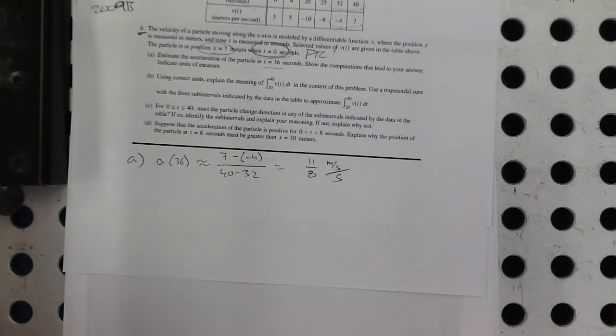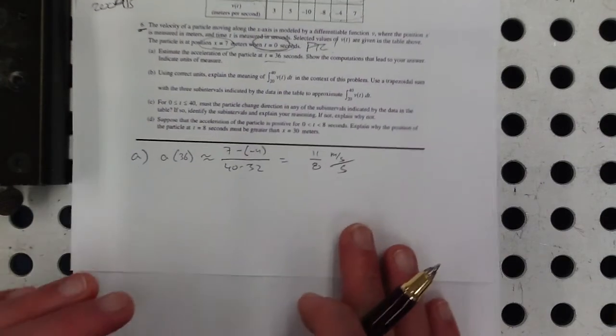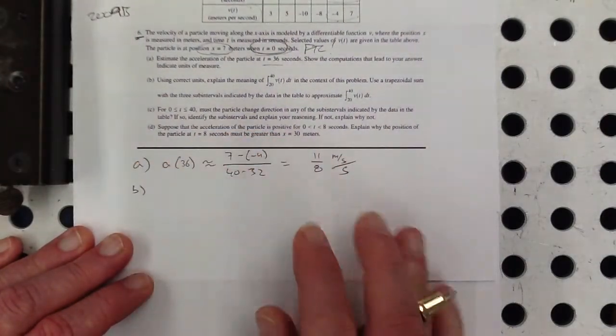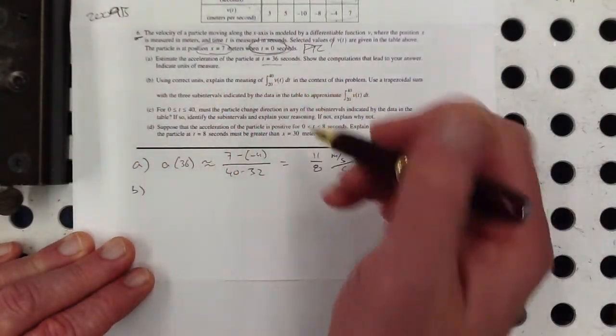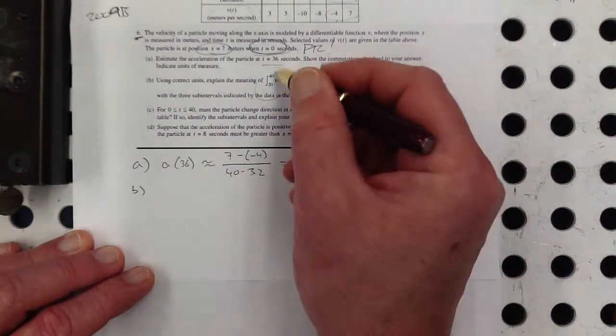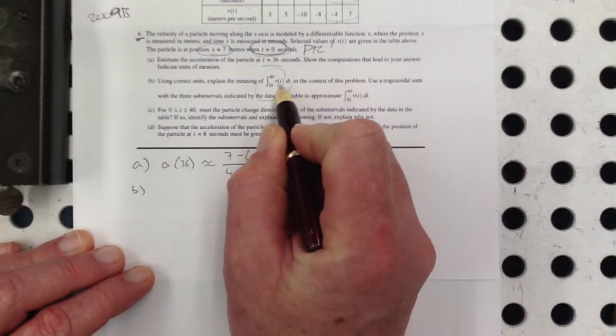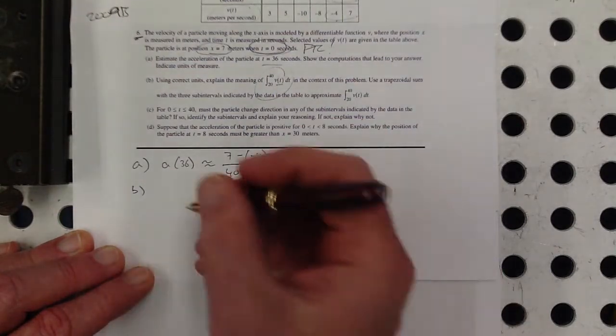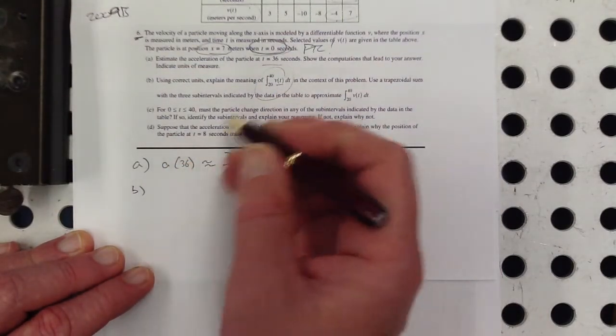For part B, using the correct units, explain the meaning of this. Well, if we take the integral of velocity, that gives us displacement, right?